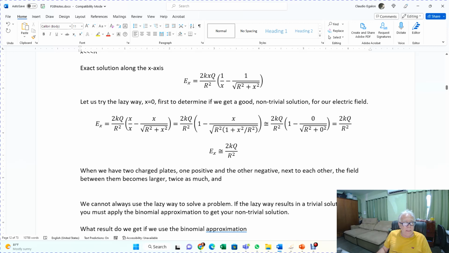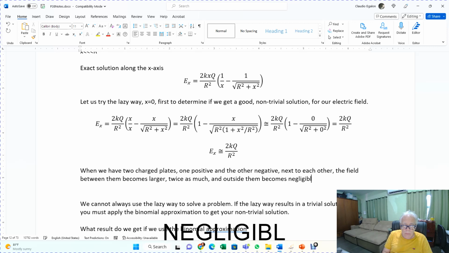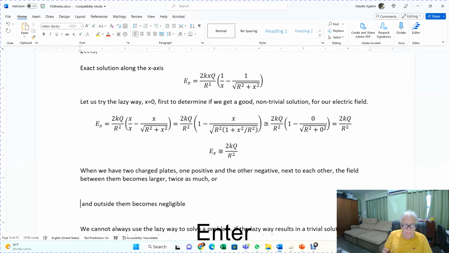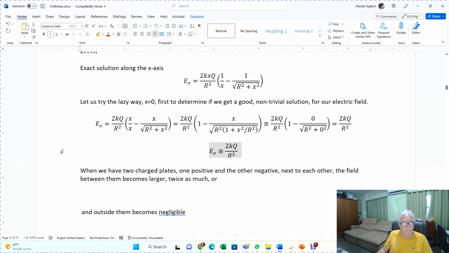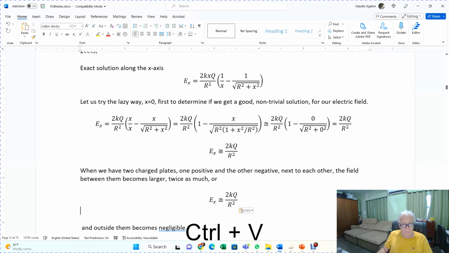The field between them becomes twice as much, for kQ, which by the way is equal to that.